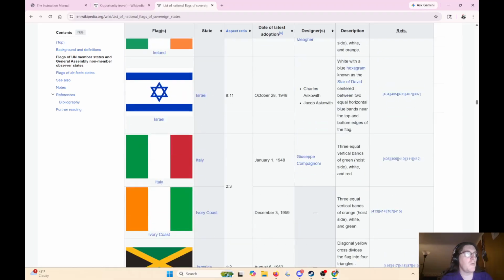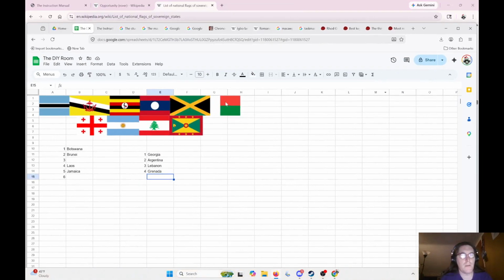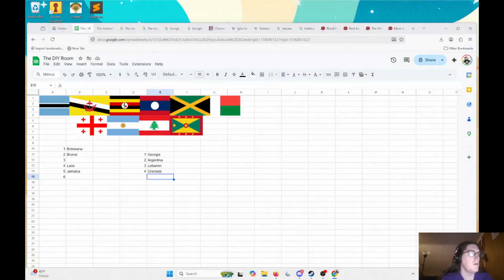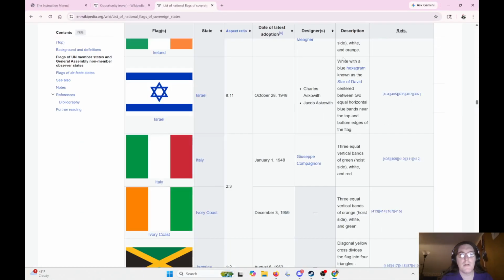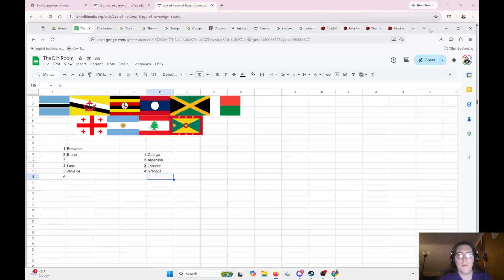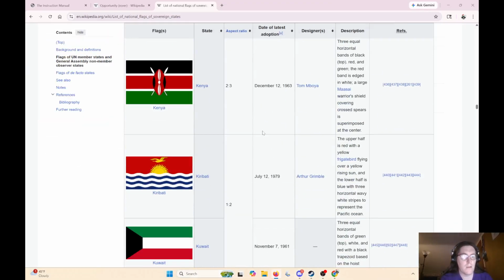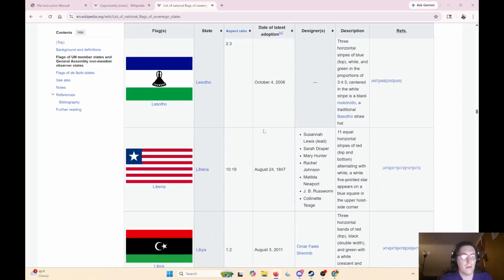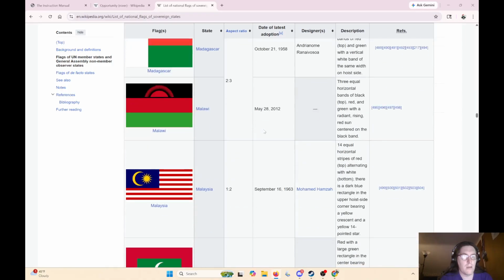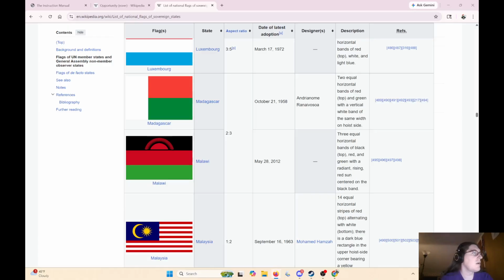All right, so the ones I'm missing at the moment are this one with the white and the red and the green, and then this black, yellow, red one with what looks like a rooster in the middle. Oops, that's not what I meant to grab. I meant to grab this one. Okay. Madagascar. Okay.